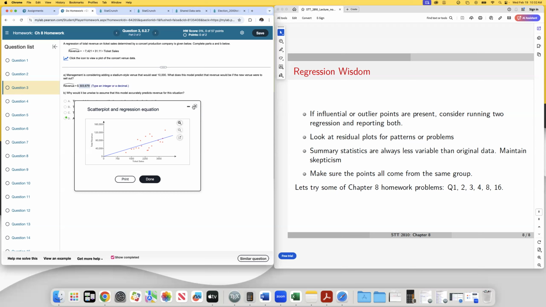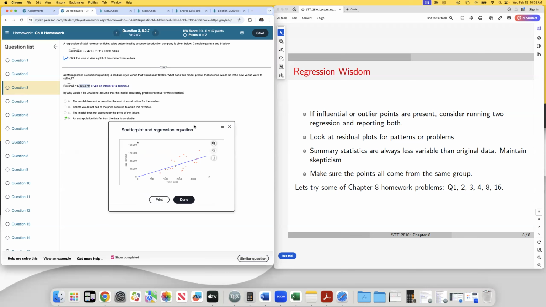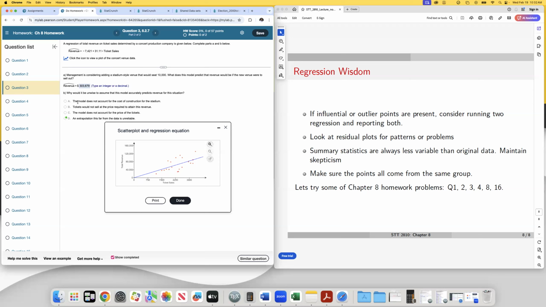And so now let's look at the possible answers. The model does not account for the cost of the construction firm, we are not interested in that. Tickets will not sell, no. The model does not account for the price of the tickets, no. So you see, extrapolation, because we are trying to predict 10,000, but the data set we use, let's say the maximum is around 3,500.